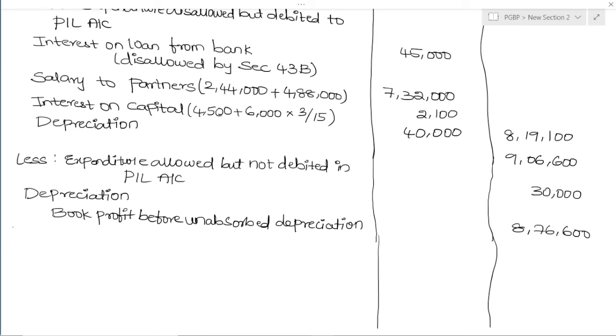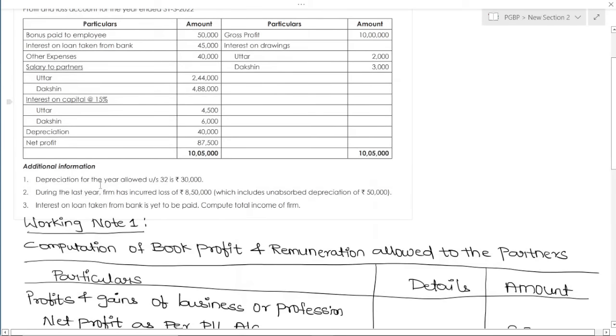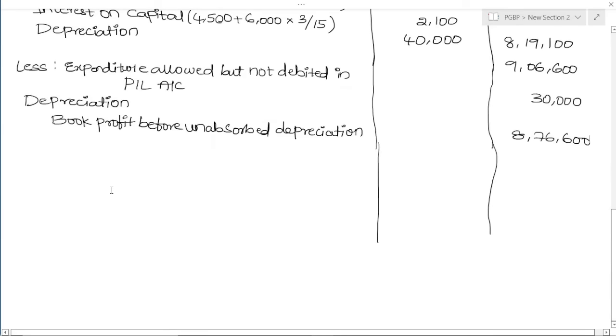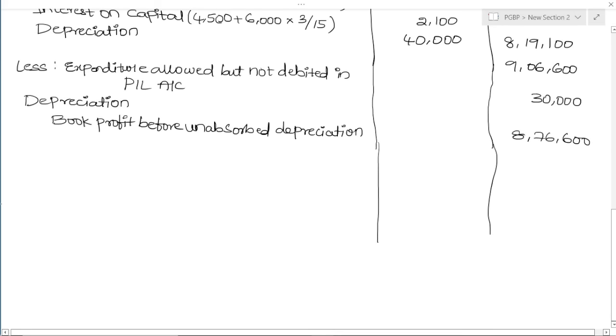That's why we can deduct the entire amount of unabsorbed depreciation. Suppose, for example, after deducting this unabsorbed depreciation the book profit would have gone below 8 lakhs. Then we would have restricted that unabsorbed depreciation to such extent that the book profit doesn't go below 8 lakhs.